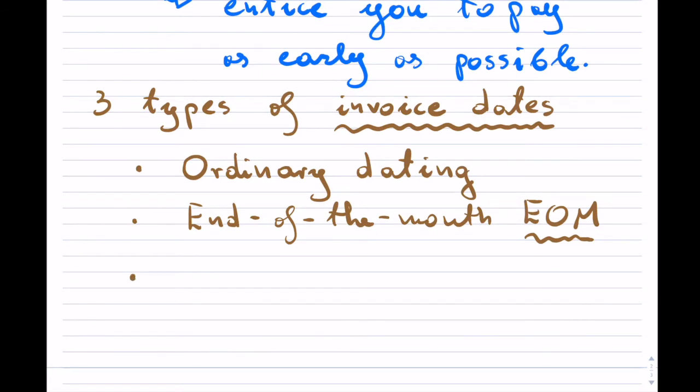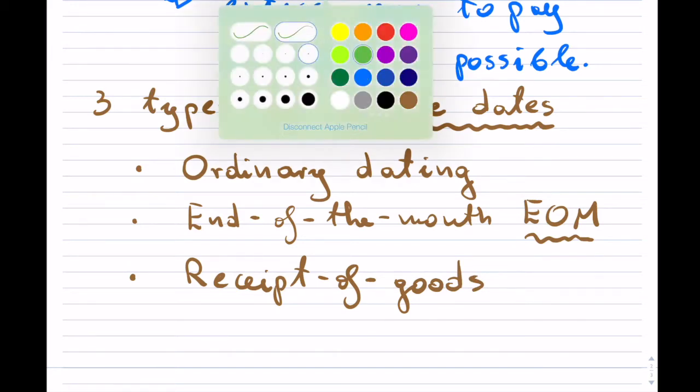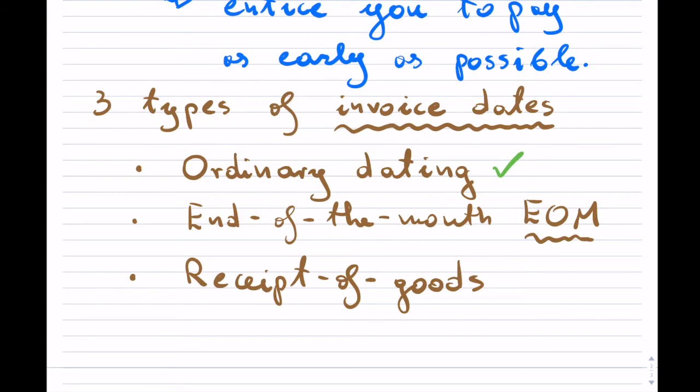And the last one, the third one, is receipt of goods. And I'll explain each one. Let's start with the first one. All right, so ordinary dating.